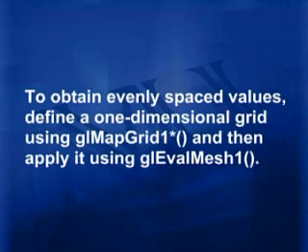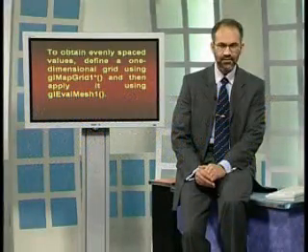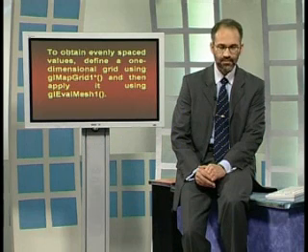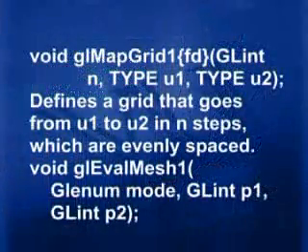To obtain evenly spaced values, define a one-dimensional grid using glMapGrid1, and then apply it using glEvalMesh1. So you'll be defining the grid using the command glMapGrid1, and that would be applied later on using glEvalMesh1.